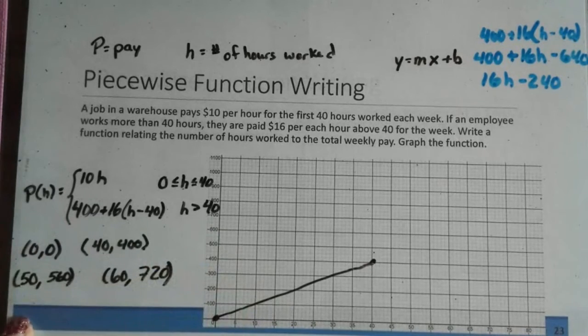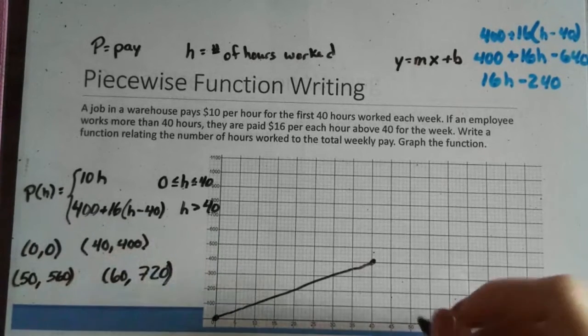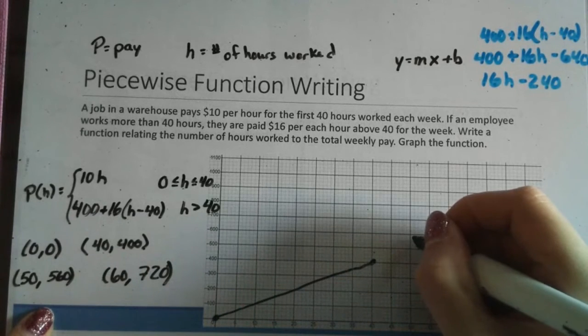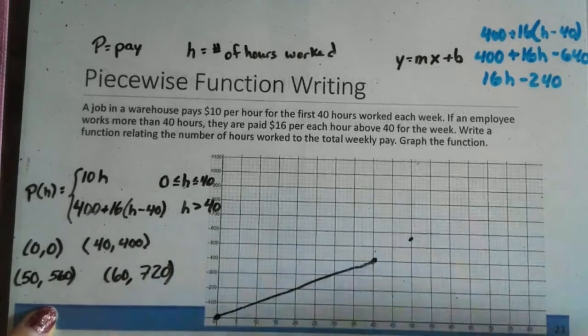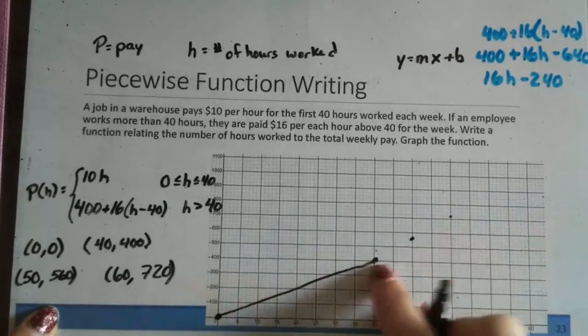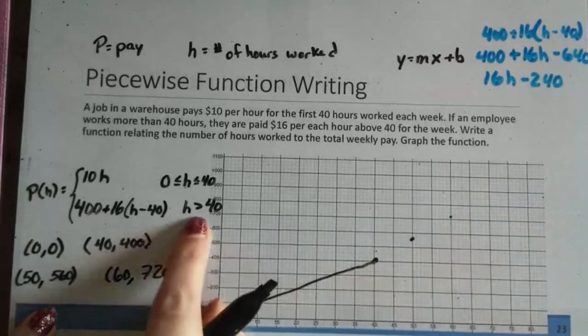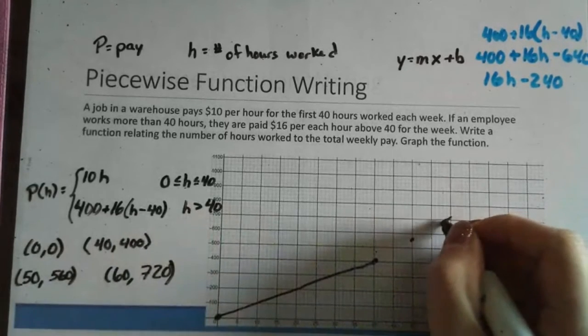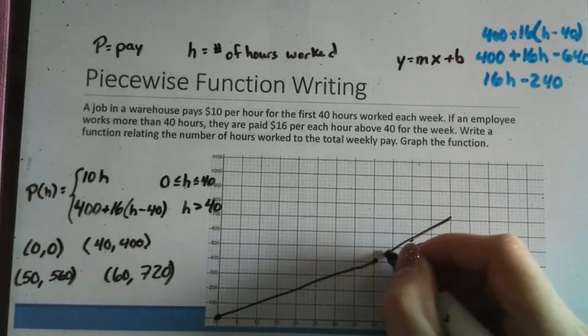So these are going to be 2 points on the second part of my graph. 50, 560 will be about here-ish. And 60, 720 will be about here-ish. This part of the graph goes as long as h is greater than 40. So I get really, really, really close to h equals 40.